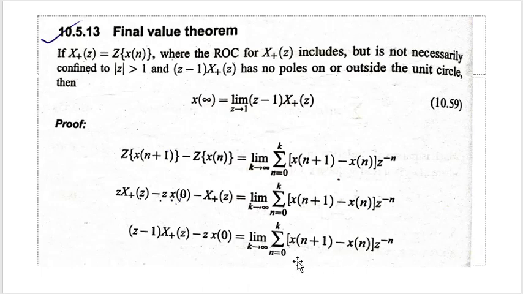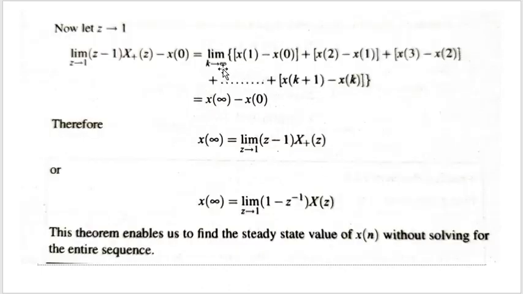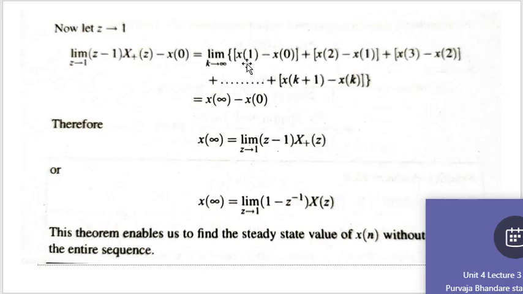Then n equals 1, it would be x of 2 minus x of 1. In that sense, limit k tends to infinity, x of 1 minus x of 0 plus x of 2 minus x of 1 plus x of 3 minus x of 2, and it will go up to x of k plus 1 minus x of k.